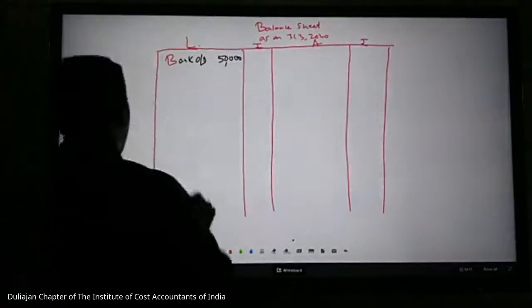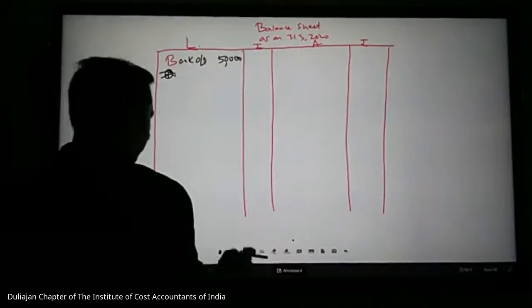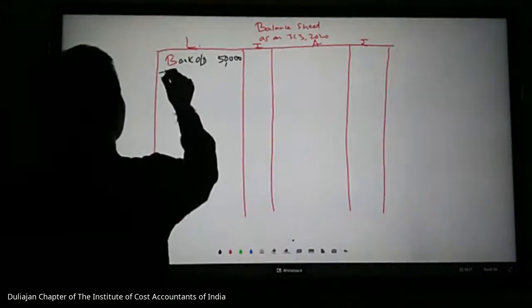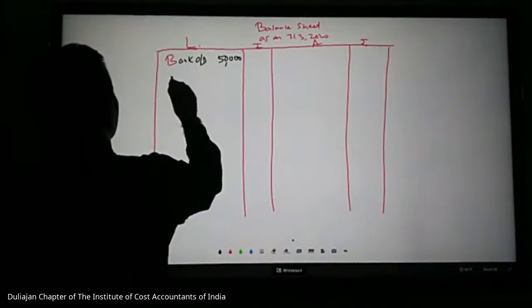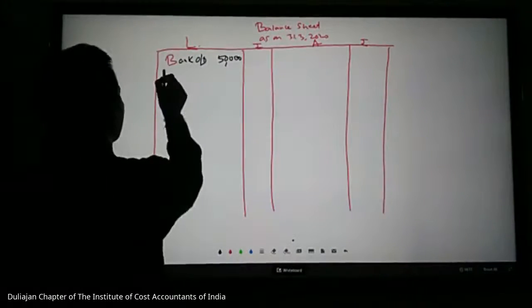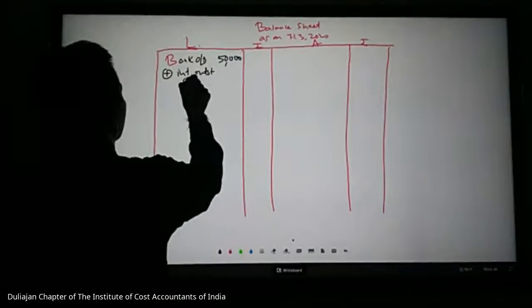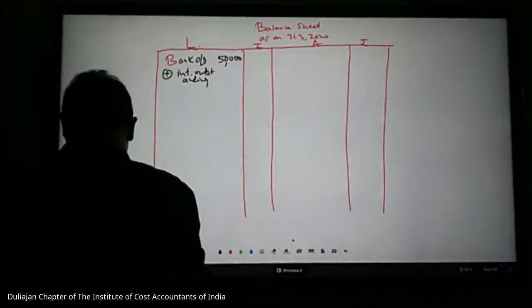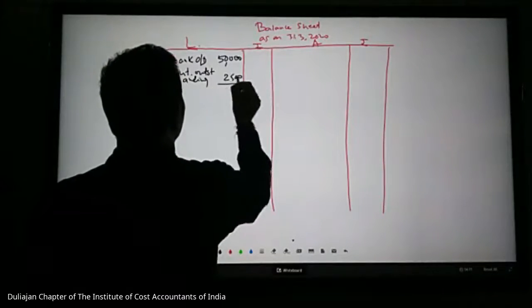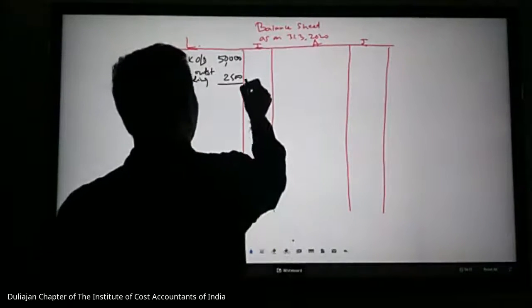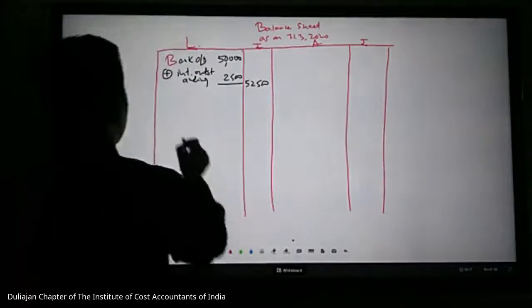Then add interest outstanding on bank overdraft. Next creditors.